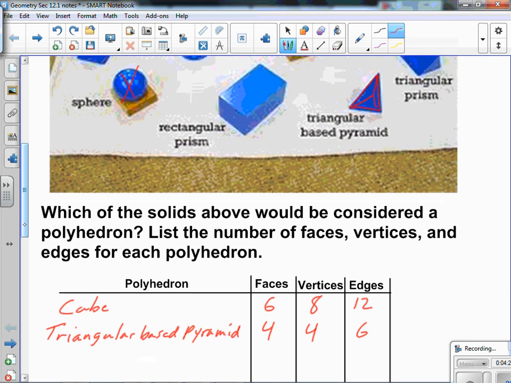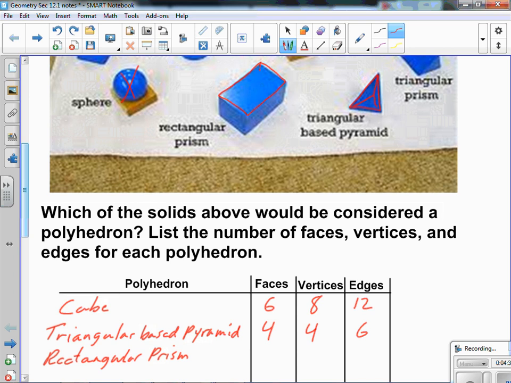Next, we have a rectangular prism. And so really a rectangular prism is just like a cube, except it's got rectangles instead of squares on some of the faces.